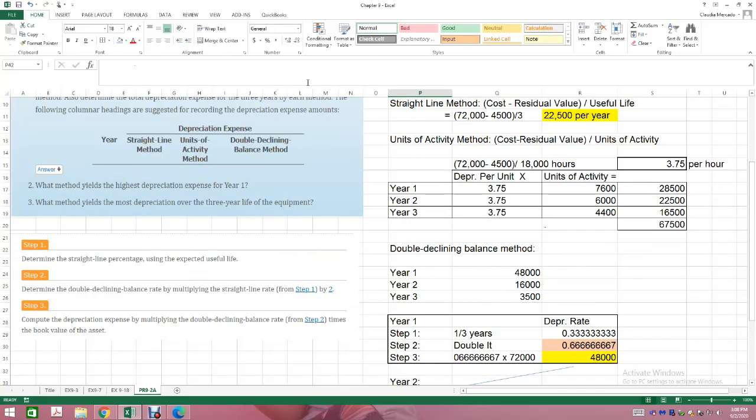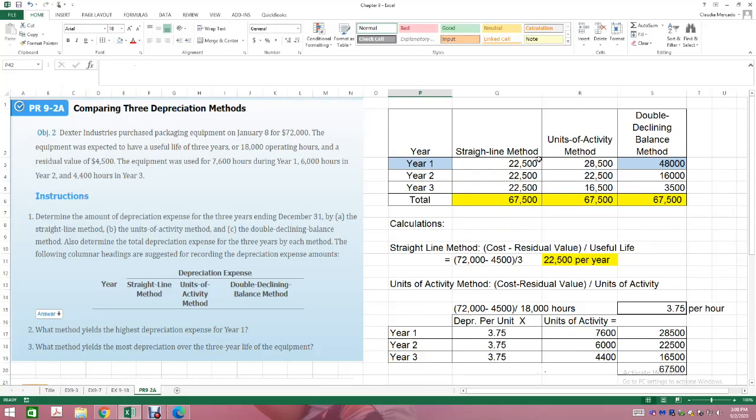Okay. So if we were to compare straight line versus units of activity versus double declining, in year number 1, the highest one is the double declining. So that is number 2.